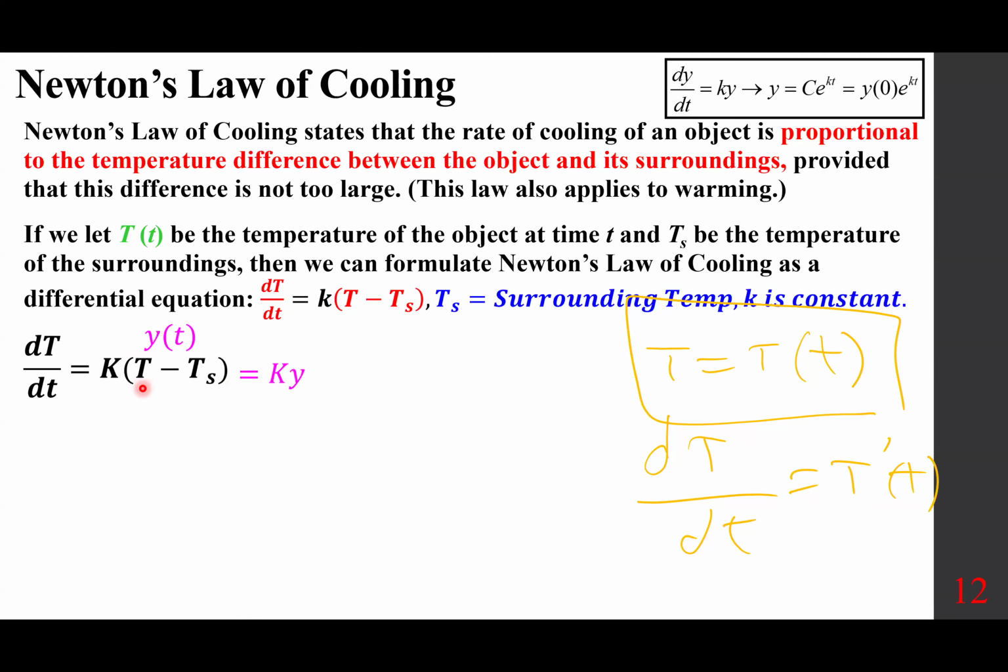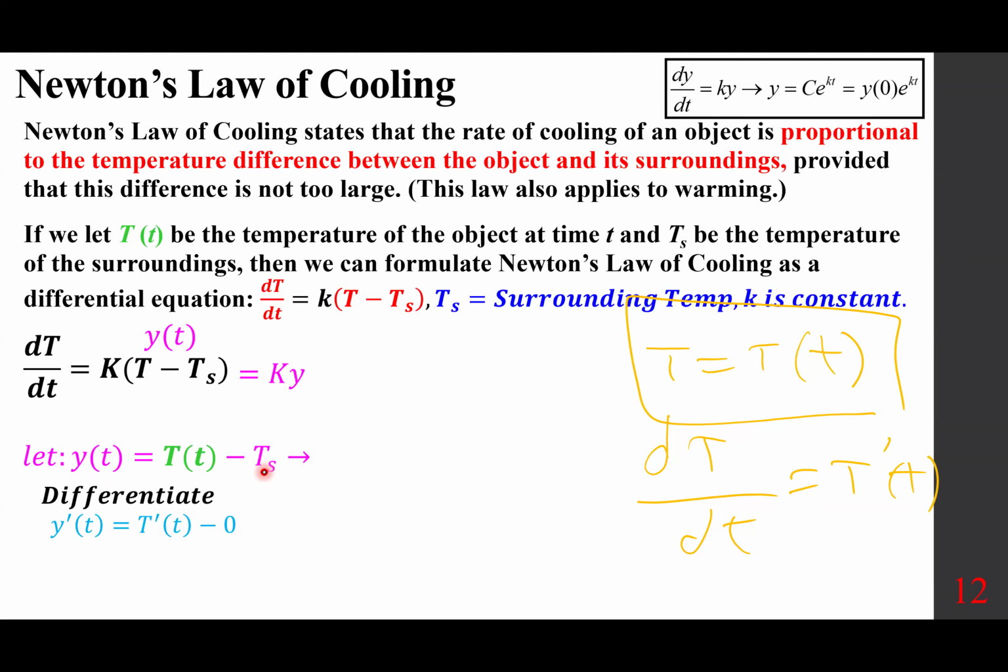So if y is capital T minus T sub s, let's differentiate both sides. y gives you y prime, T gives you T prime, T sub s, the surrounding temperature, is a number, gives you 0.